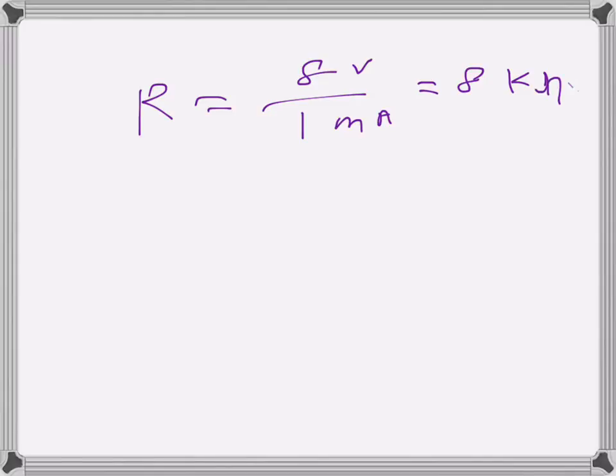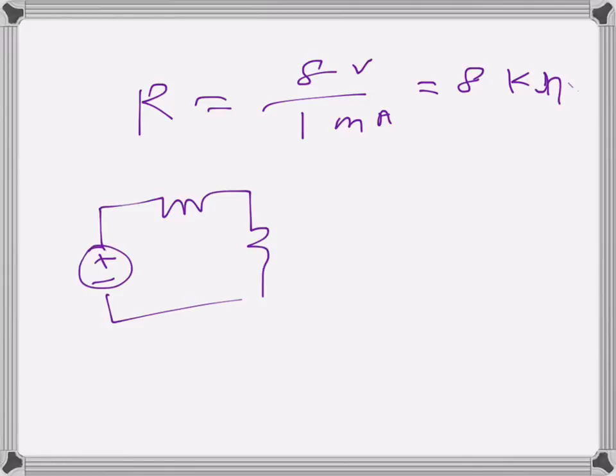Now we need to go back to our original circuit, which is this one. Actually we don't need to find the open circuit voltage because we haven't been asked to do that.